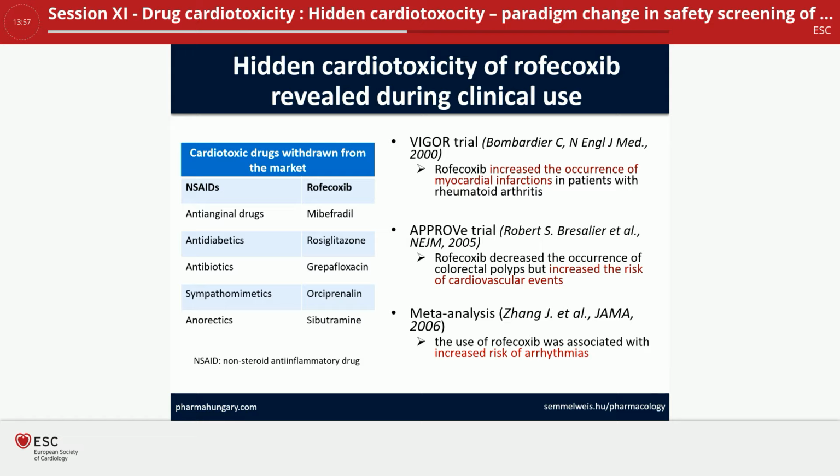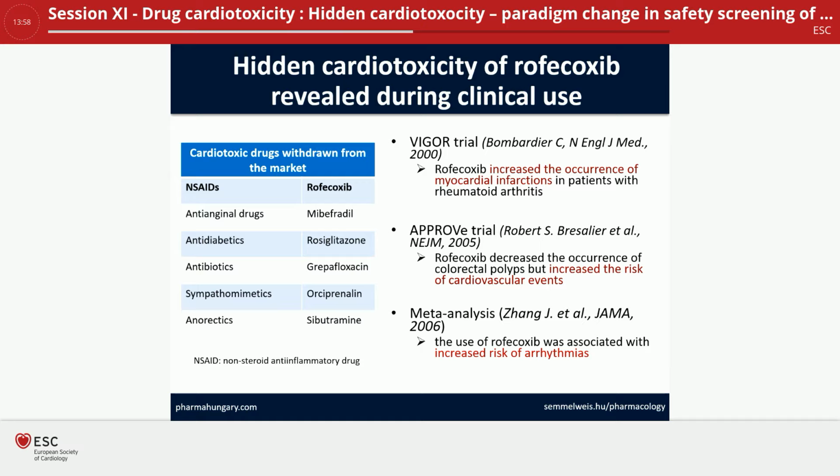There are plenty of those drugs. And of course, probably the most famous is the rofecoxib study. Merck withdrew this drug from the market, because there were some fatal and non-fatal myocardial infarction due to the use of rofecoxib.